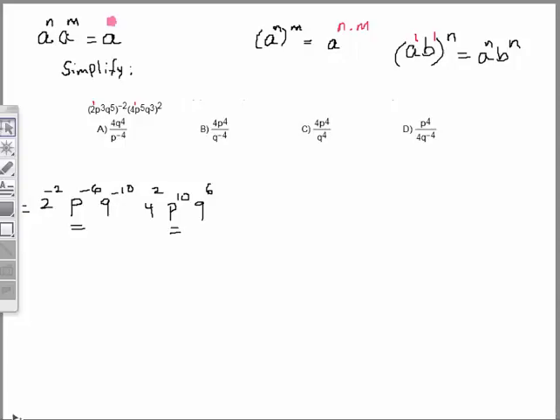n plus m. So let's take a look at this. Make sure we can follow this. If I have like 2 to the power of 2 times 2 to the power of 3, here I get 2 2's out of this.